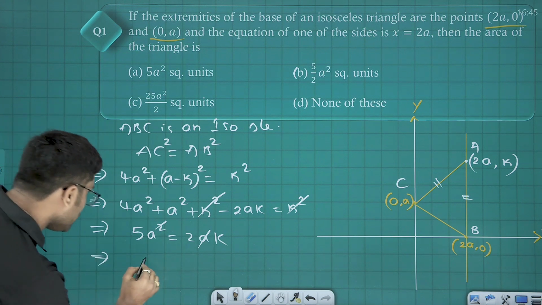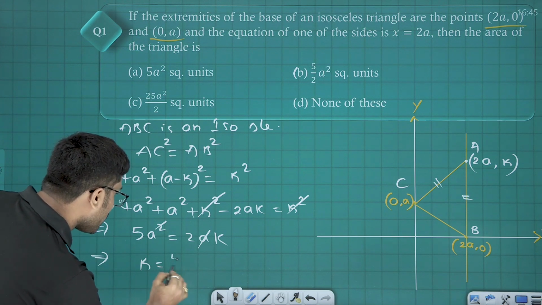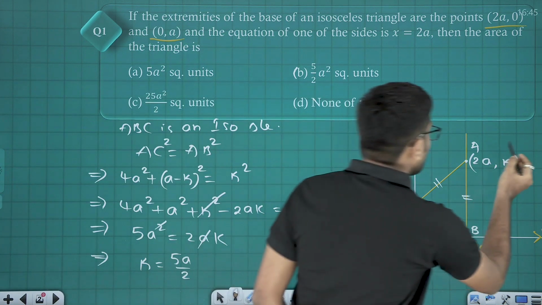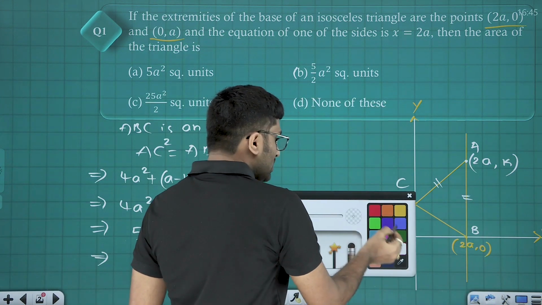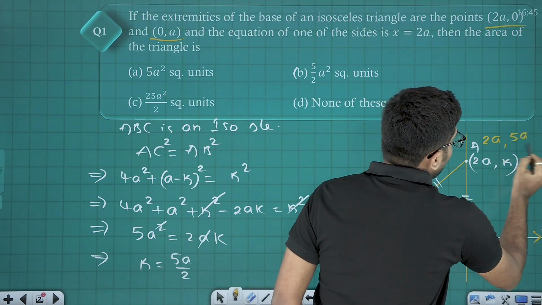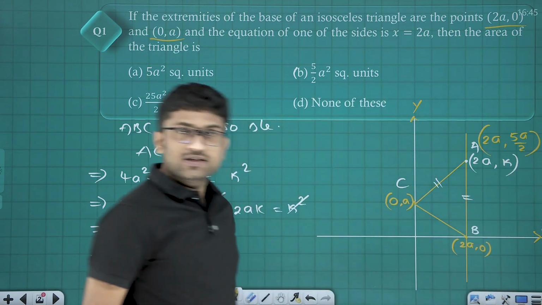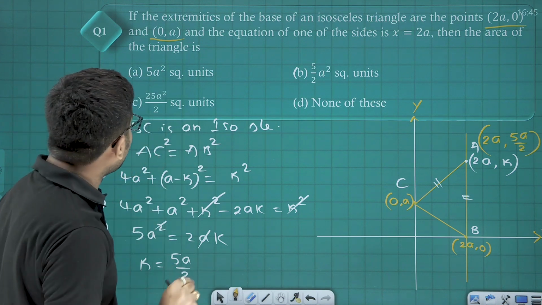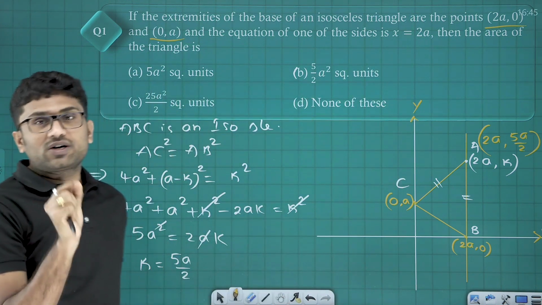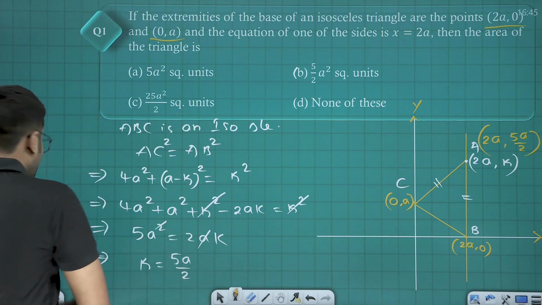So for sure k equals 5a divided by 2. So that means this vertex will be 2a, 5a by 2. Okay, so we got the vertex now. Now what we need is the area of the triangle. So when we know 3 vertices, friends, what will be the area of the triangle?